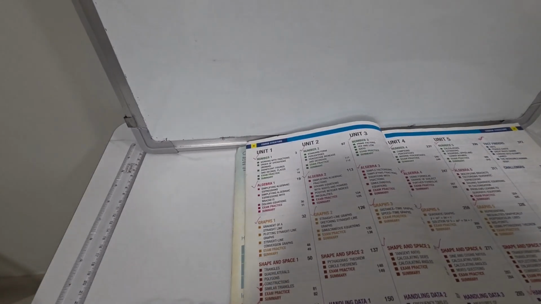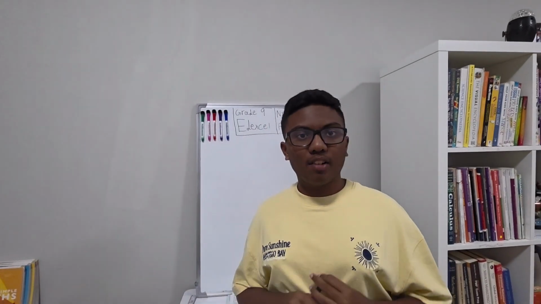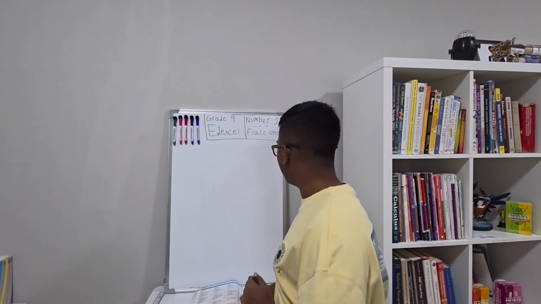As of now, we will only be focusing on number 1. In fact, we're going to focus on the very first topic. The rest of the topics, including the rest of the topics in the whole book, book 1 and book 2, will be for later and future videos. So, without any further ado, let's get started.